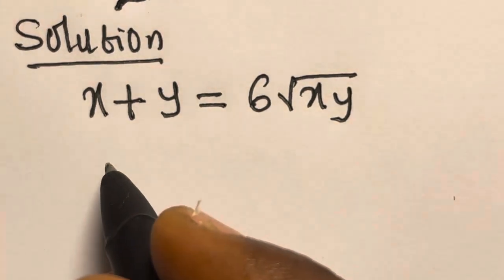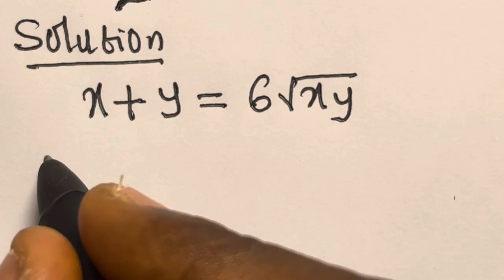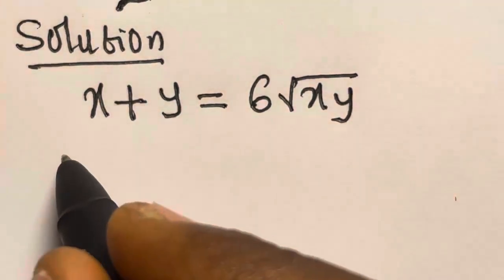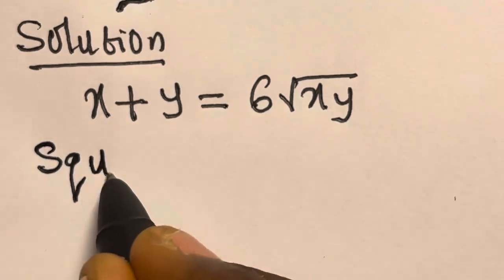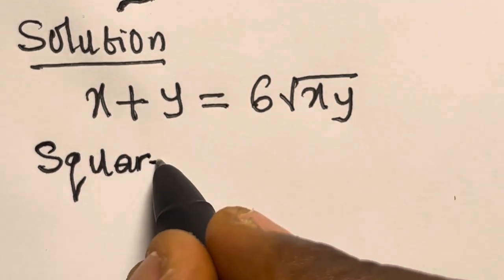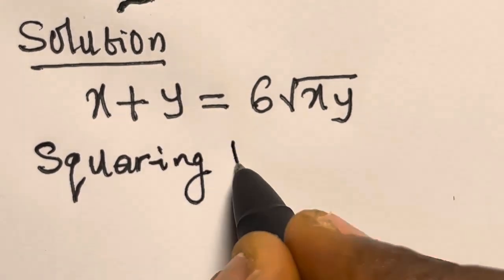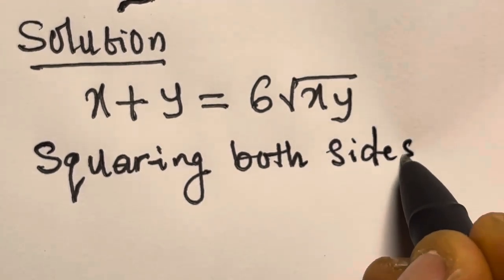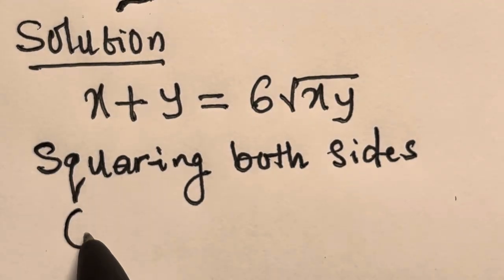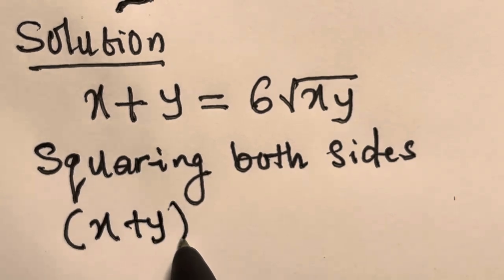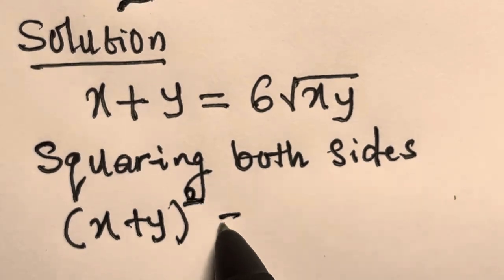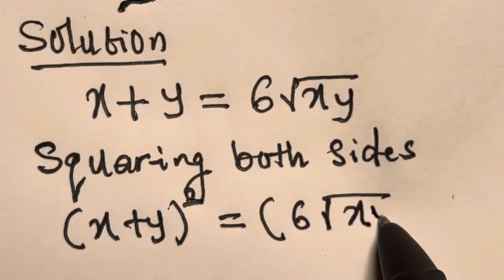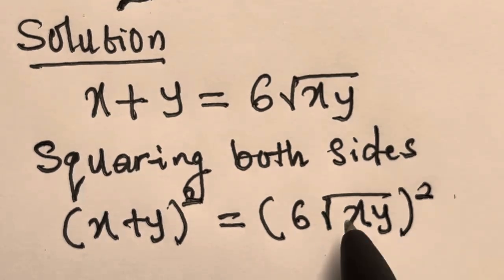So from here, if we square both sides, we will have (x plus y) squared equals (6 root xy) squared.